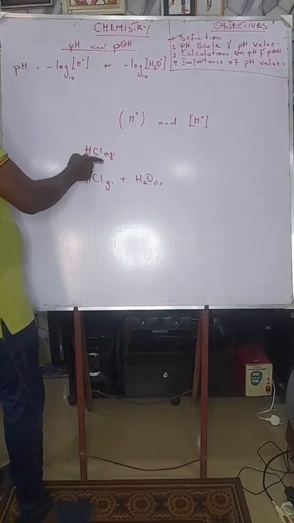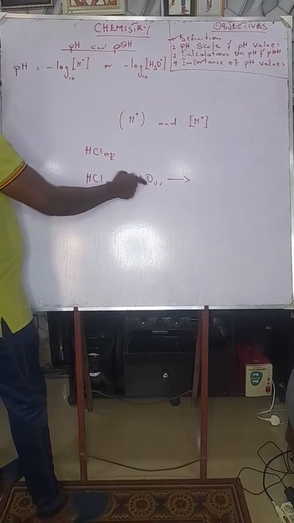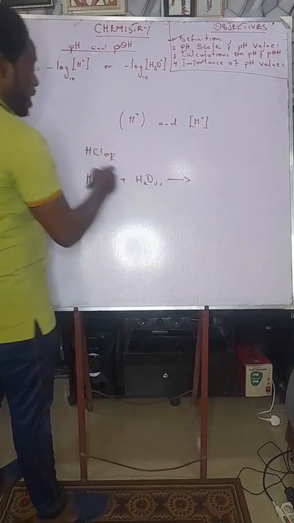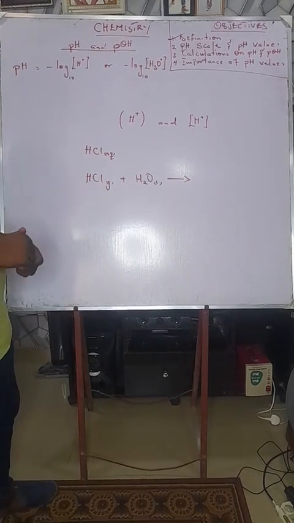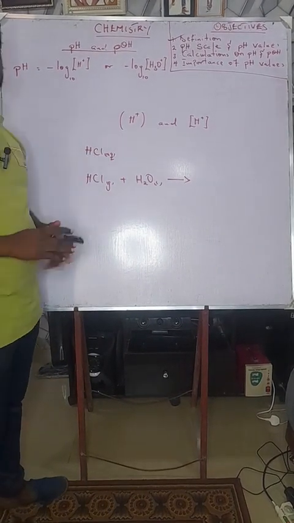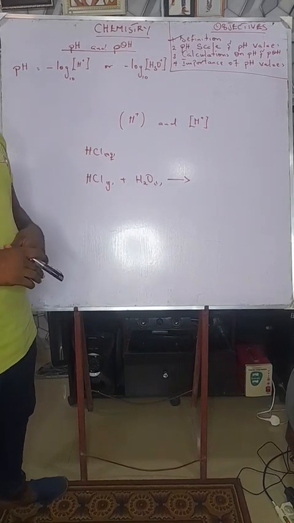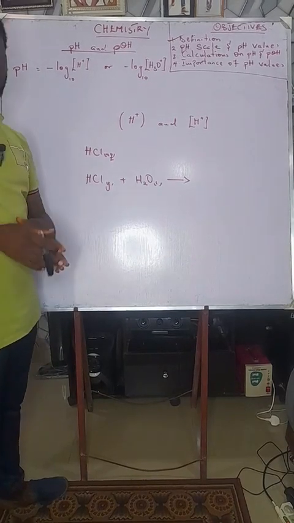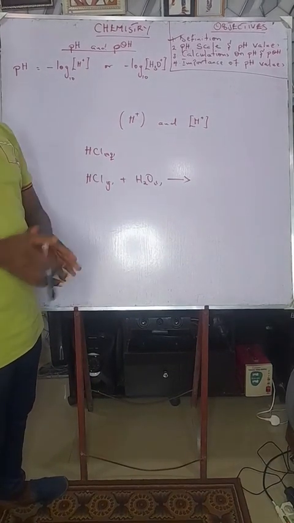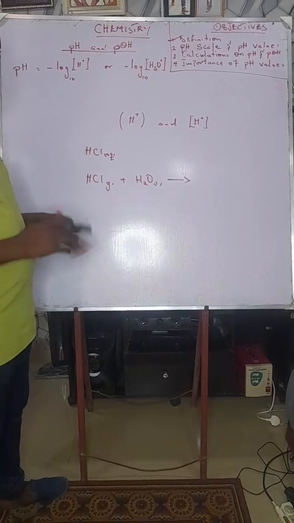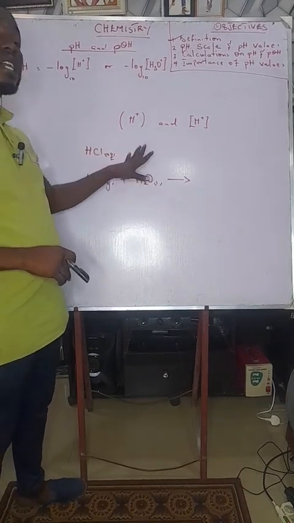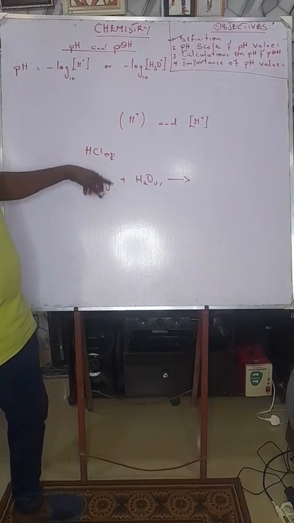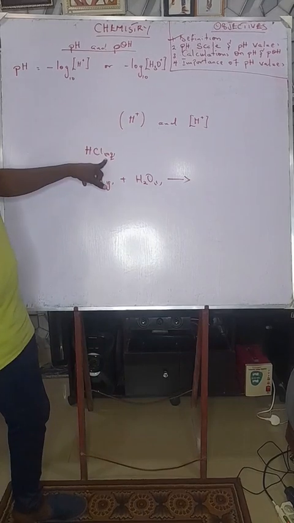I told you the meaning of aqueous the other time: when you dissolve a substance inside water, that is the solvent, solute plus solvent equals solution. If the solvent is water, then you call that an aqueous solution. It has been poured or added to water.